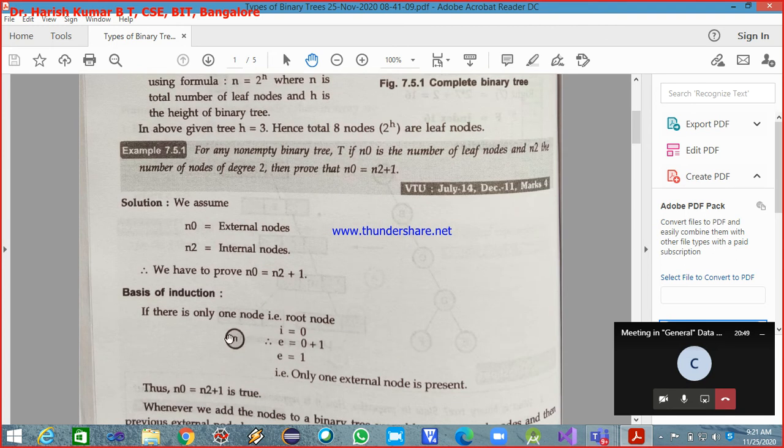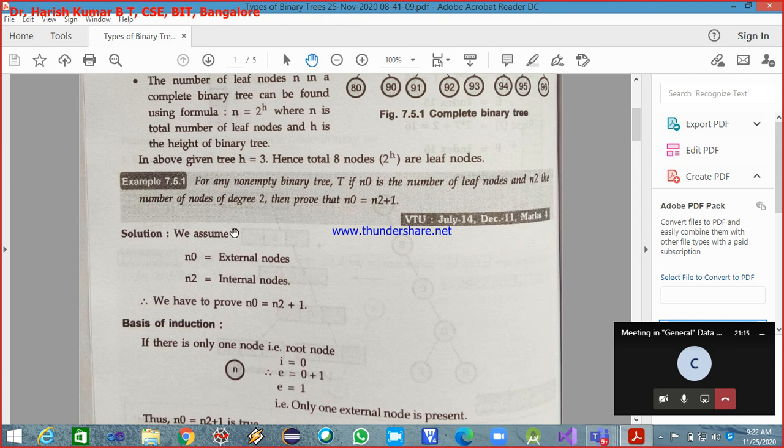If I assume I have only one node, I can call it the root node, but it doesn't have any child. Now n0, the total number of external nodes, is 1, since this is the only node. n2 is the number of nodes of degree 2.